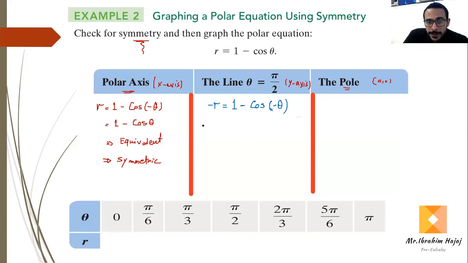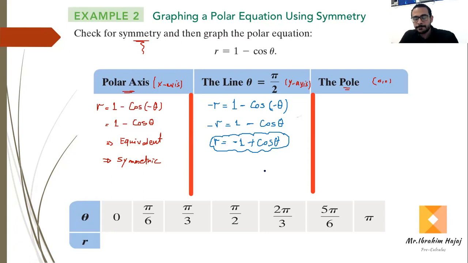It will be negative r equals 1 minus cosine theta. Then multiply the whole equation by negative 1, which gives r equals negative 1 plus cosine theta. Who can tell me, is it the same or not? Is this equation equivalent or not?